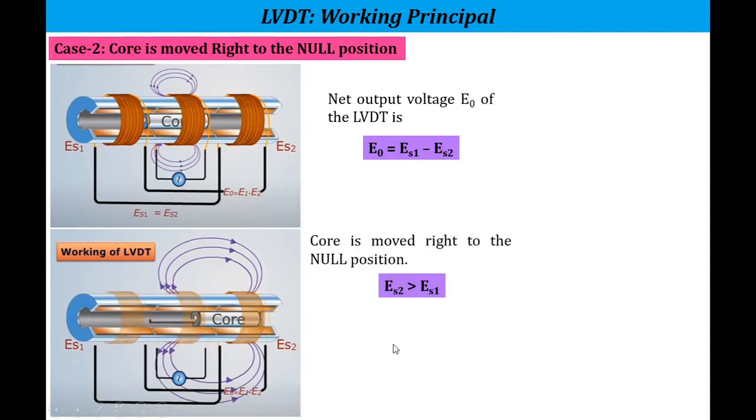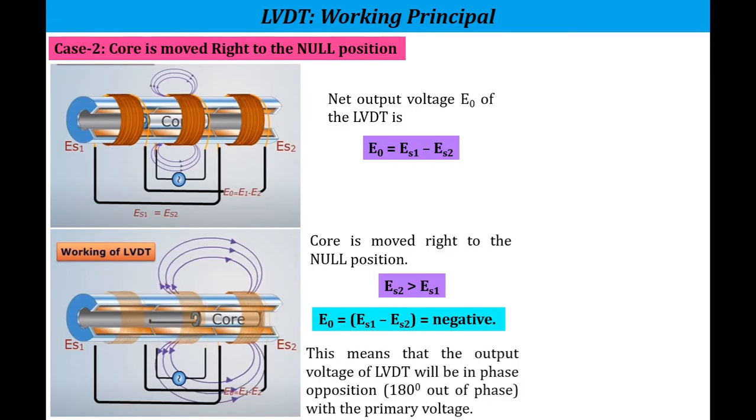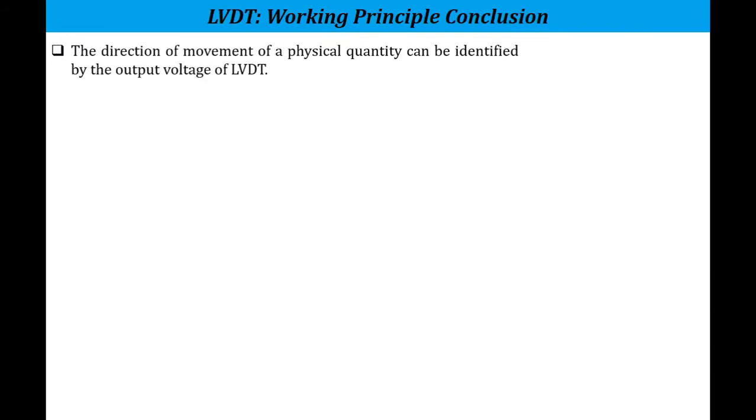So here we can see that ES2 is greater than ES1, and therefore E0 is equal to negative, which indicates that your output voltage, that is E0, will be 180 degree out of phase with the primary voltage.